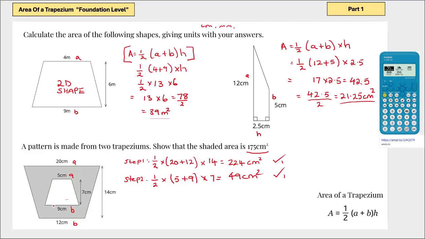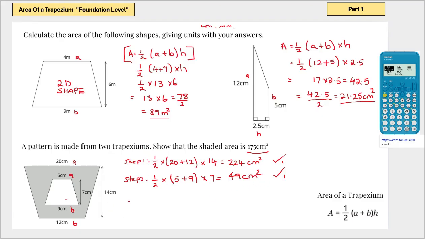That's another method mark, because if you just whack that all into the calculator and you just write 224 minus 49, if you get 1 digit wrong there by accident and being too cocky, you get no marks at all. But at least you're showing each step as you go in.